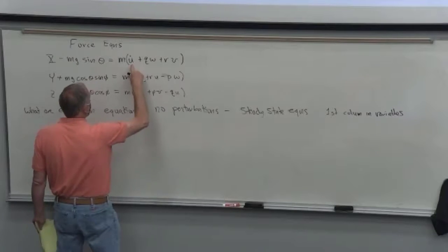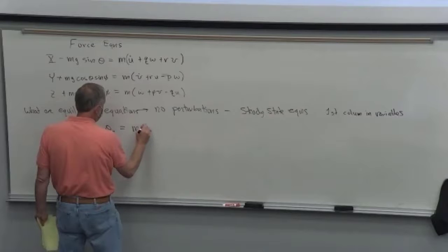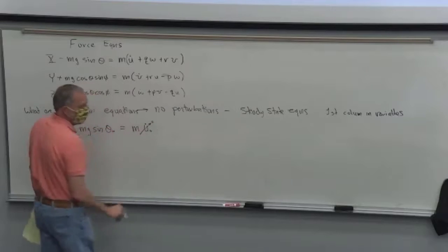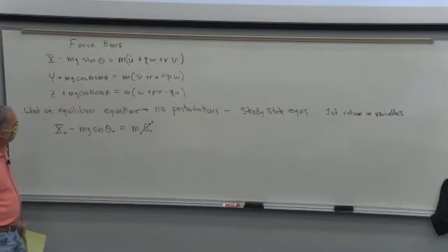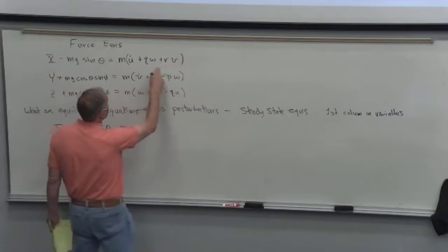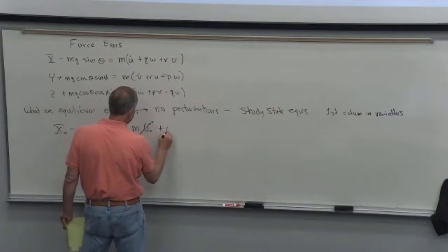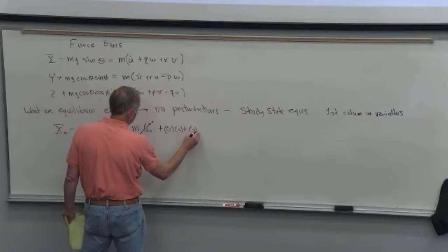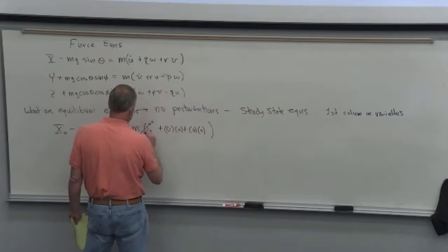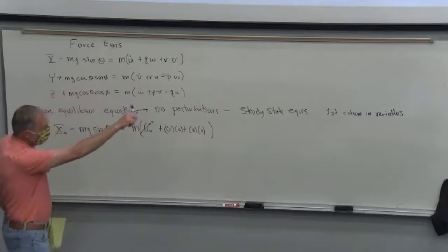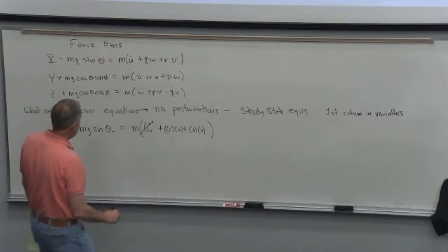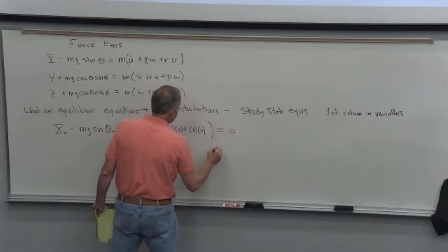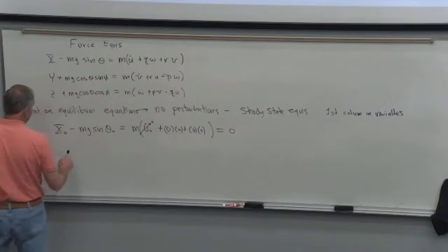And we have an m u0 dot, but u0 is just a number. It's like 100, so the derivative is 0. And all of the rest of this stuff is 0, because you look at the first column, all that stuff is 0. So the steady state force equation in the x direction is just this.